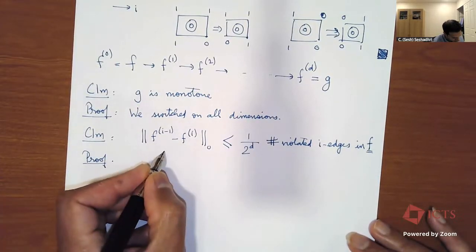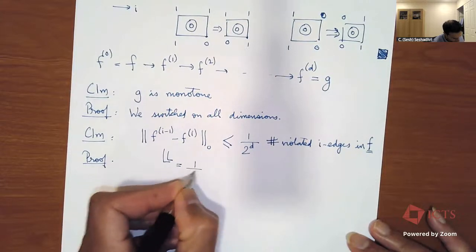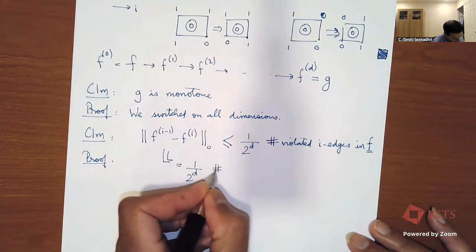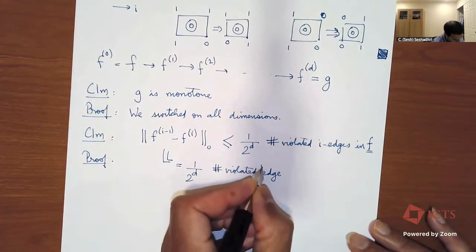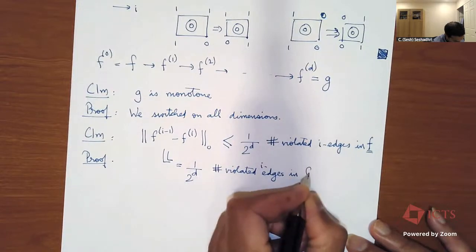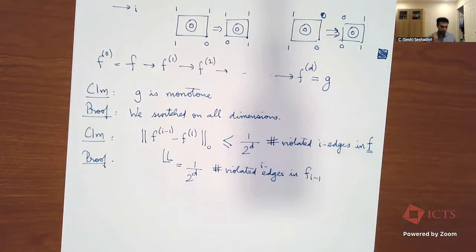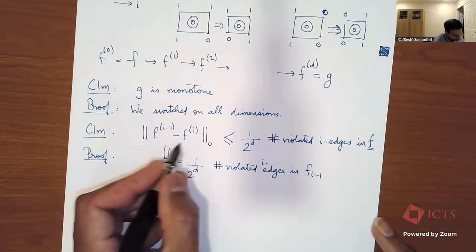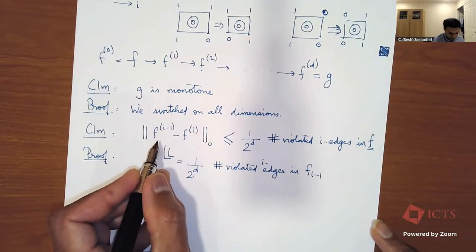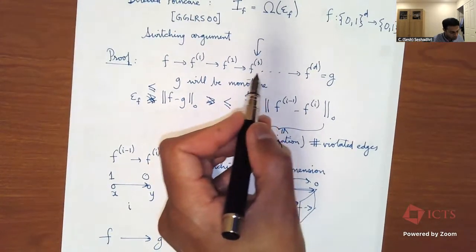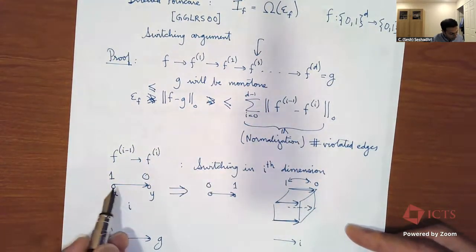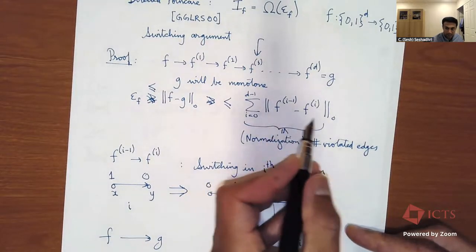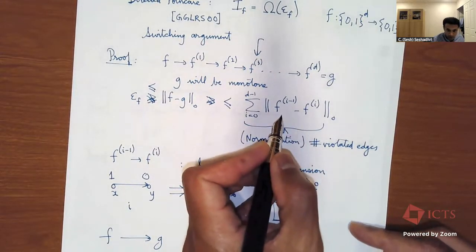Remember that this quantity is actually equal to 1 divided by 2 to the d of the number of violated i edges in Fi minus 1, because that's exactly what this is doing. It is switching on Fi minus 1, not on F. At any intermediate stage here, you're switching on Fi minus 1. So the amount of change that it does is really the number of violated edges in Fi minus 1.